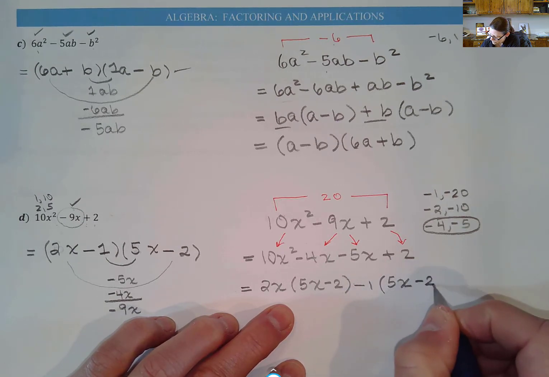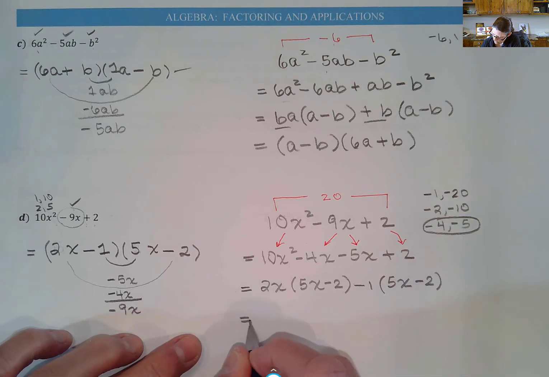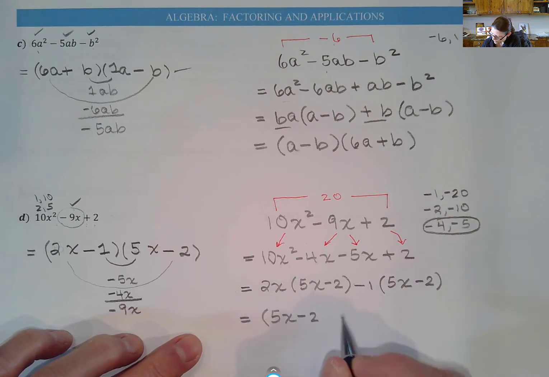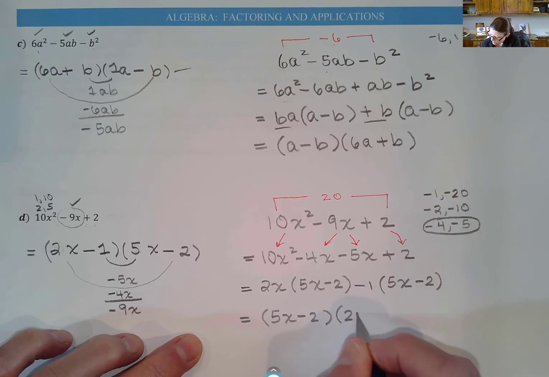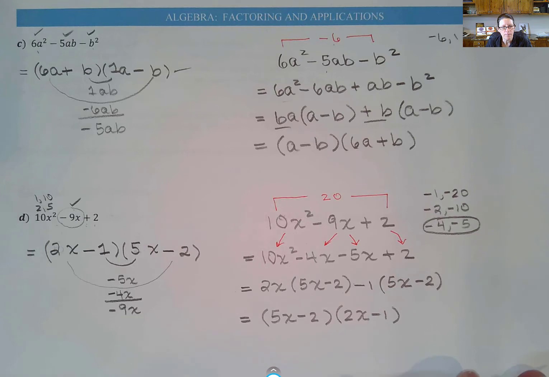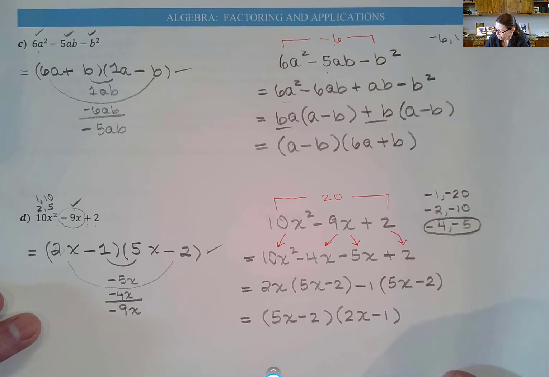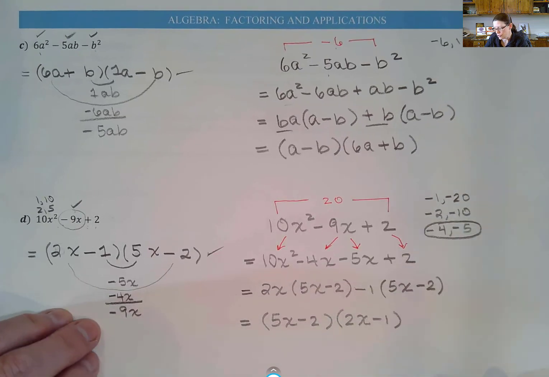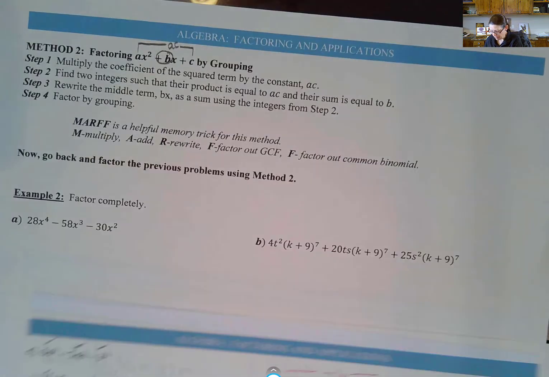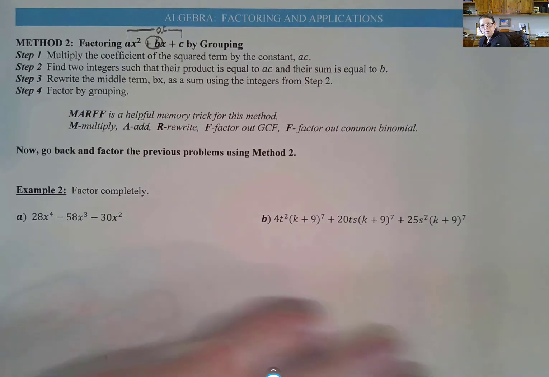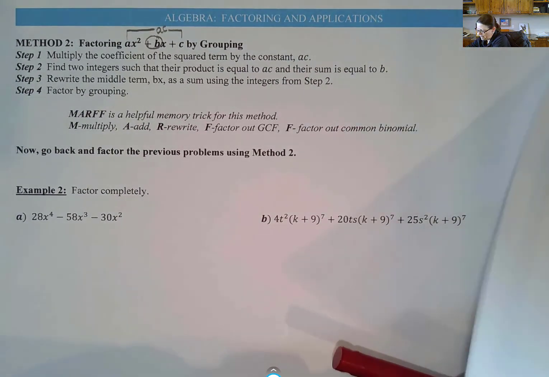And again, remember to check by multiplying it back. But we know this checks. We checked it previously. So again, there you have your two methods, trial and error versus method 2, which goes by many names. We might call it factoring by grouping. Some would use the acronym MARF.